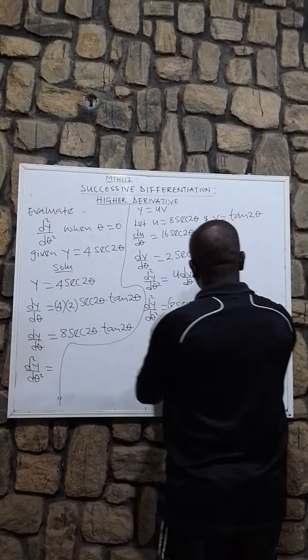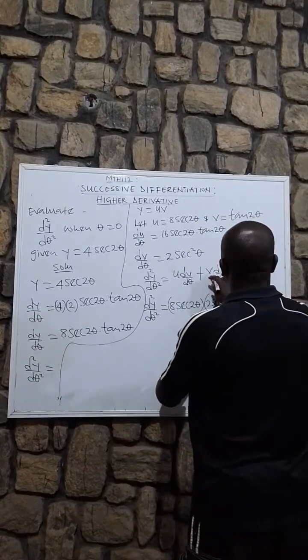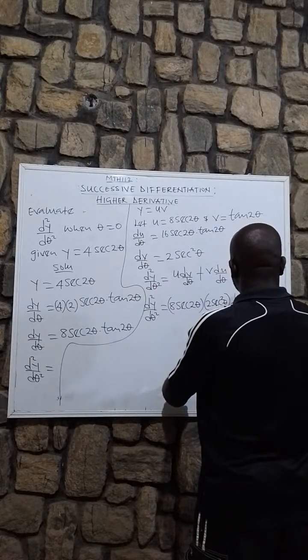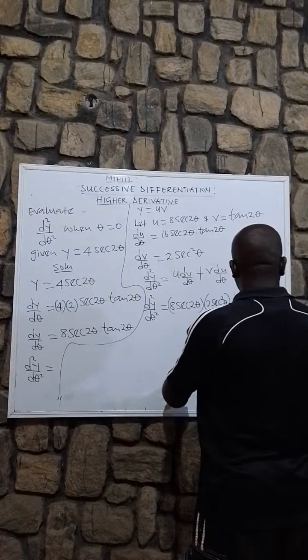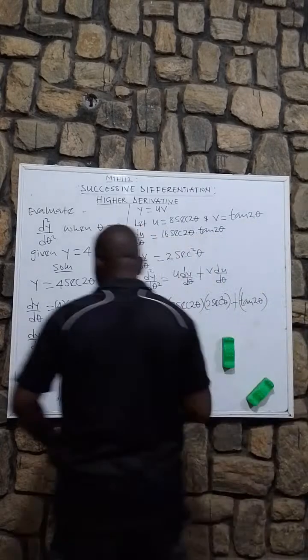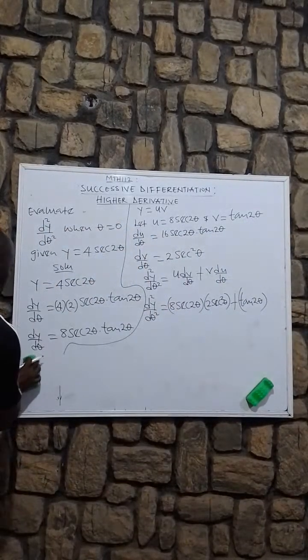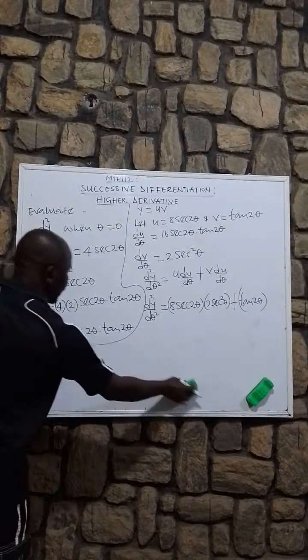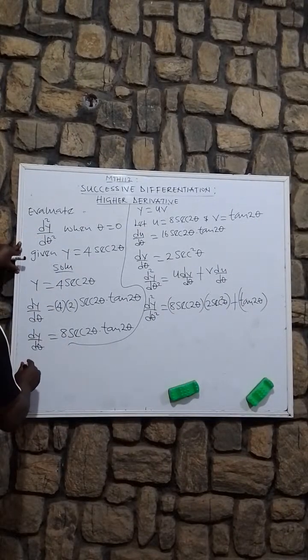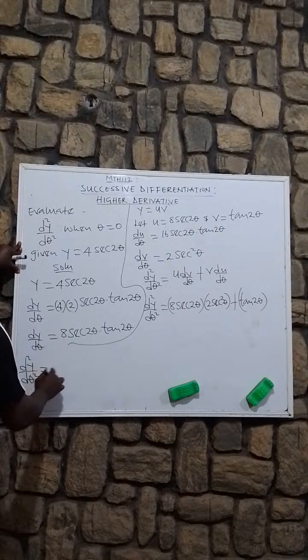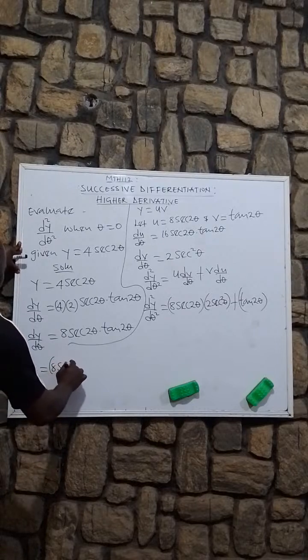Then what we have here plus v, ordinary v is tan 2 theta, then times, let me write it down here so that you can see it clearly. d square y all over d theta square is equals to 8 sec 2 theta, right?